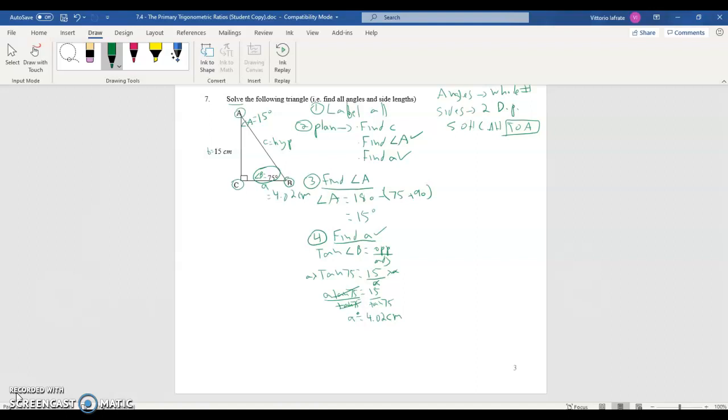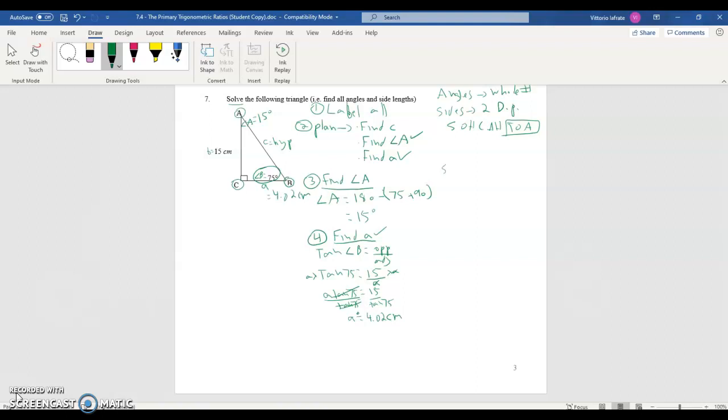So all we really need to find now is side C. And so there's a few different ways you can do that. You could use your theorem, but let's just use our trig ratios to practice our trig ratios.